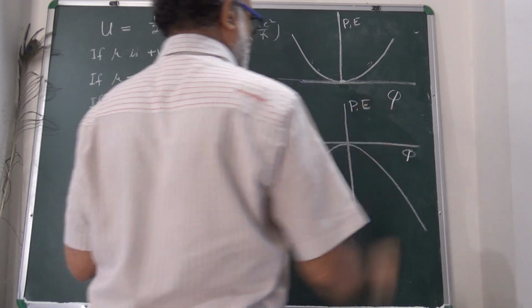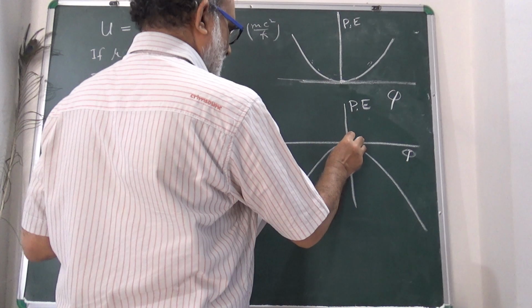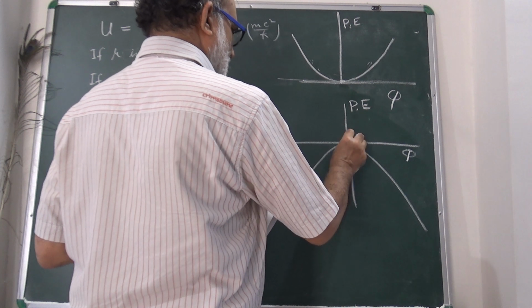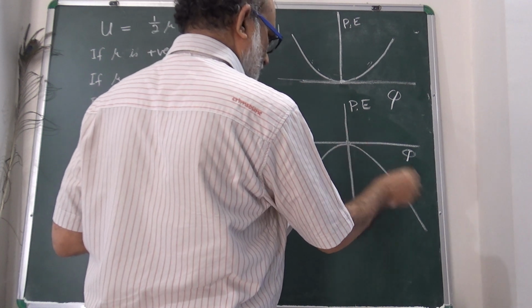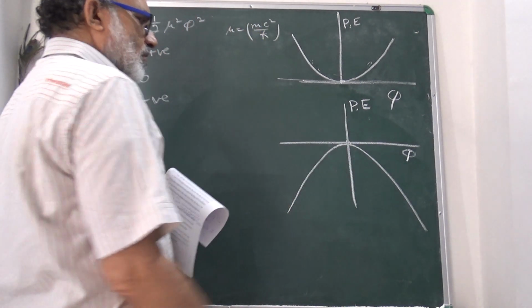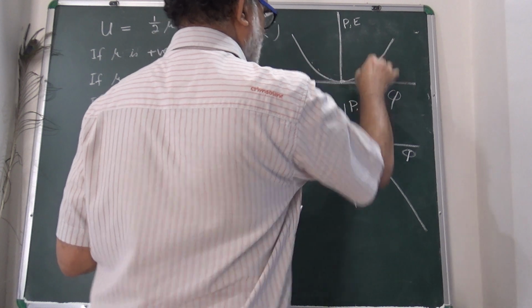It means even if a quantum is created, it cannot stay here because this is unstable equilibrium. It has to fall down either to this side or this side. It will not rest there and cannot vary like this potential curve.